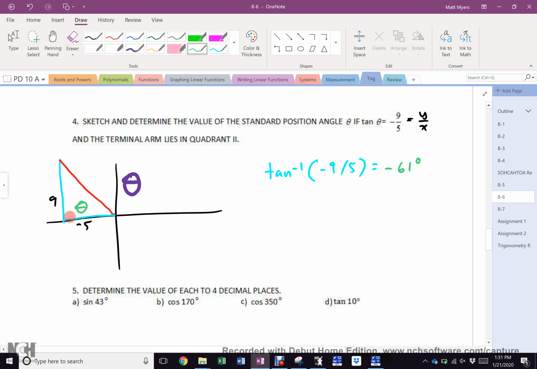Which means I go to here, and negative is clockwise, yes? So this is 61. So what is purple theta? Because that's how we measure angles. 180 minus 61, which is 119. Is everybody cool?